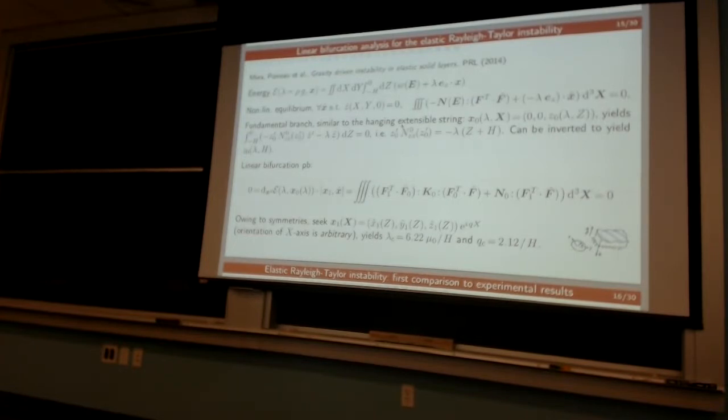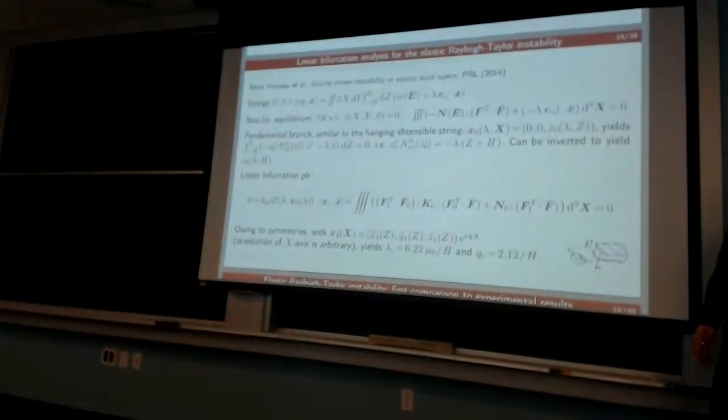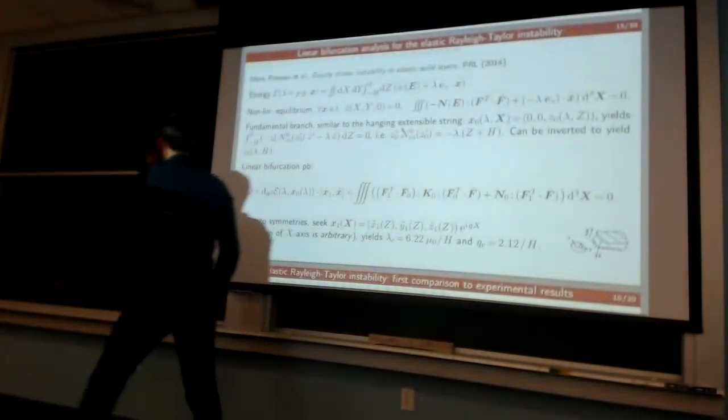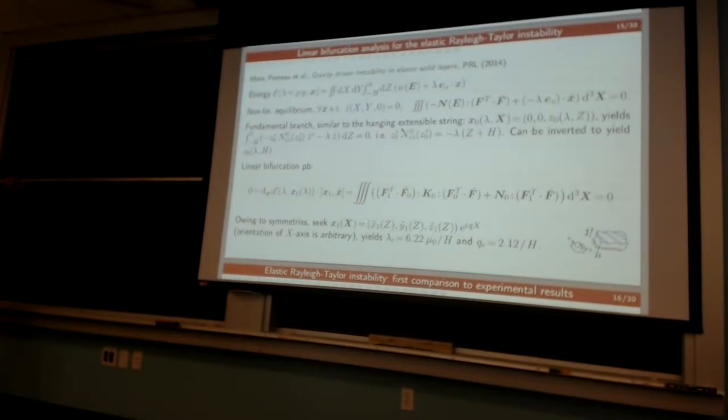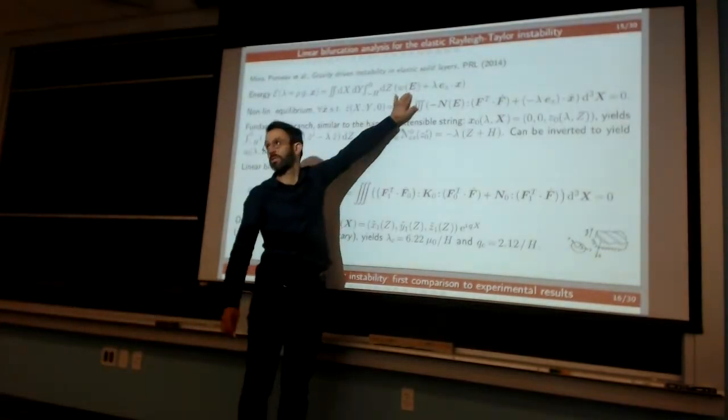We need to find, hopefully, a simple set of configurations, which we call the fundamental branch. And here, we just use the unbuckled configuration where the slab is just hanging from below with a flat surface, right? So it's easy to convince yourself that, okay, well, by the way, here I haven't specified what I use as a constitutive law.